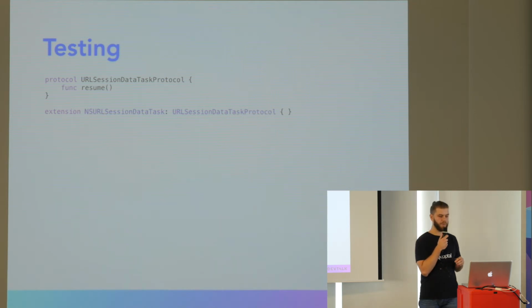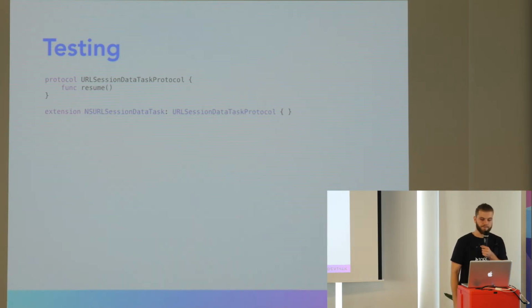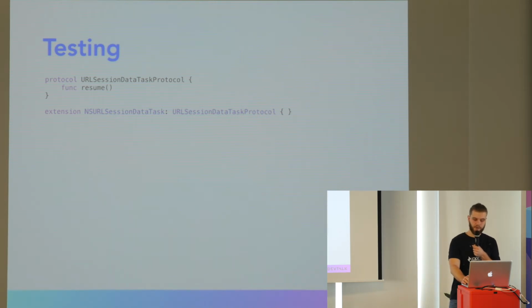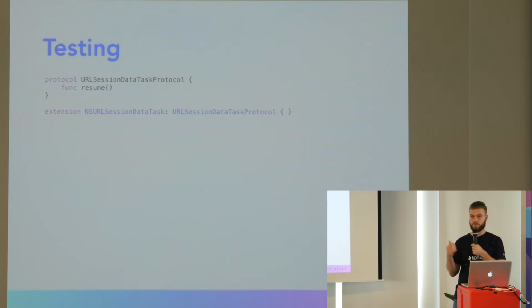I will show you an example that allows you to test your API class. For example, you make a data task protocol that has one function, resume, that you would like to test. The real class, data task, should be tested against this. If you're not familiar with Swift, I think it's obvious. It just makes a protocol and declares a function that is in the protocol.